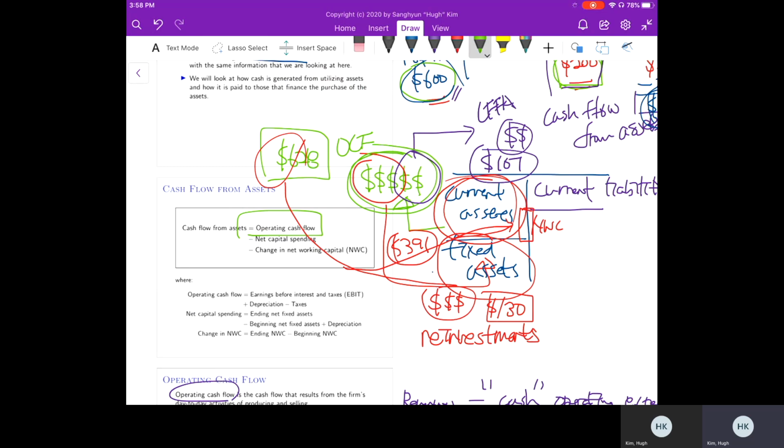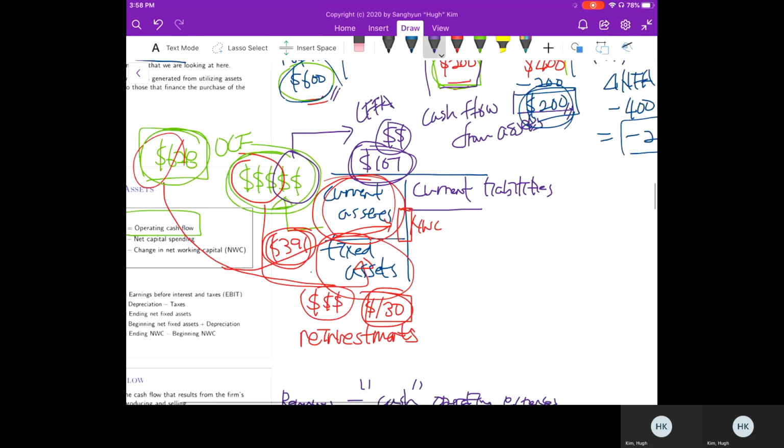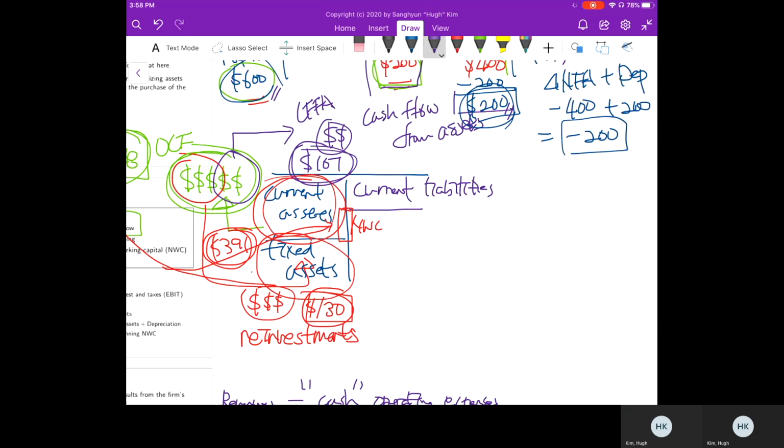So let's summarize. Operating cash flow was 628, and you have to reinvest some of it back into the firm as investments in fixed assets and net working capital. So the remaining $107 million will be cash flow from assets. And this cash flow from assets is sometimes called free cash flow.